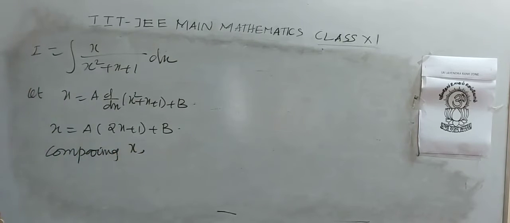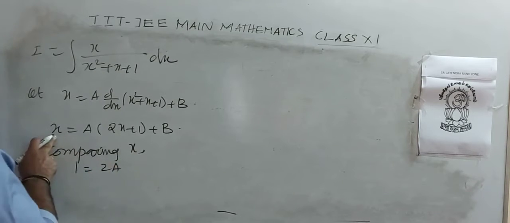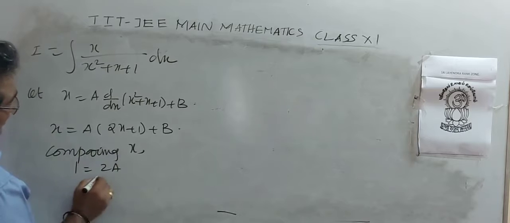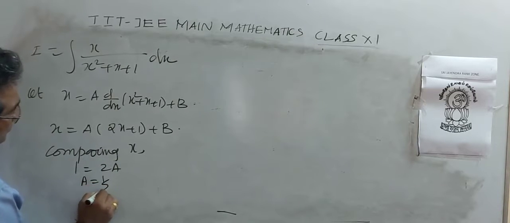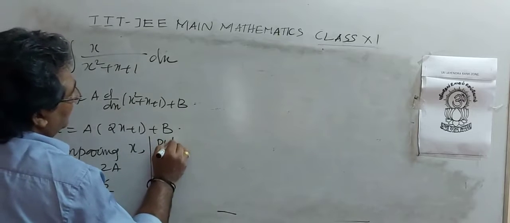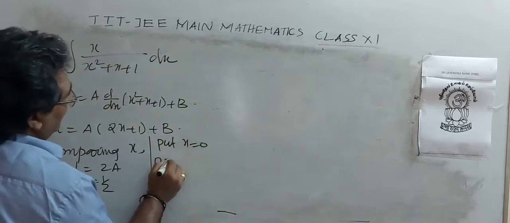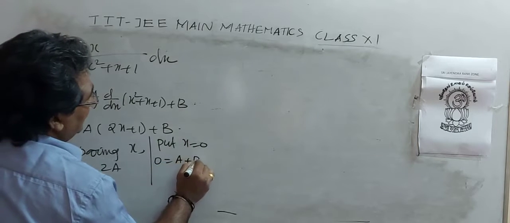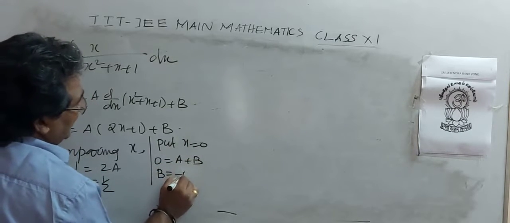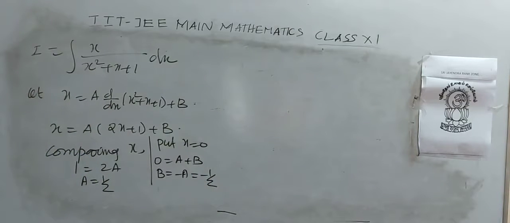Comparing x, 1 equals 2a, since the coefficient of x is 1 here, which implies a equals 1 by 2. Put x equal to 0: 0 equals a plus b, so b equals minus a, that is minus 1 by 2.